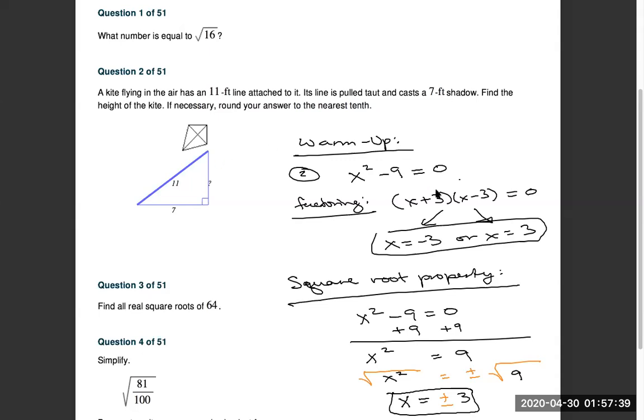But anyway, for our warm-up, we were looking at how to solve this particular problem, and we did it via factoring and zero product property. Review that and let me know if you have questions. We could also solve this another way, using what's called the square root property.